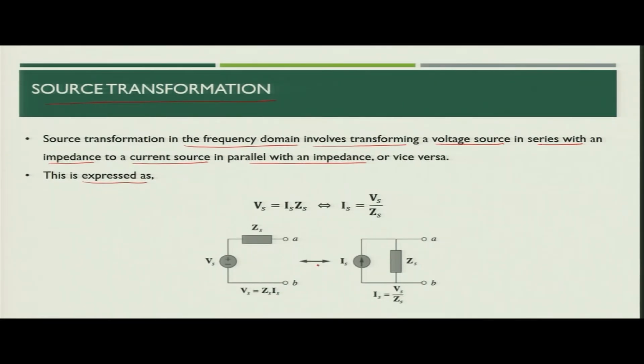Equally, it can be represented as Is, where Is is nothing but Vs upon Zs, in parallel with impedance Zs. So, you can transform the voltage source in series with impedance to a current source in parallel with impedance, as shown in the figure. We will utilize this concept to solve the circuit.